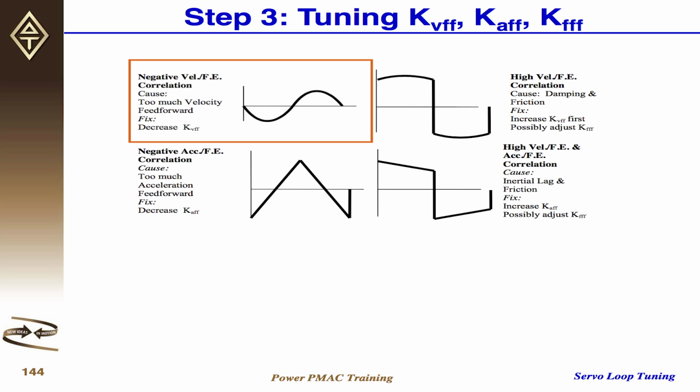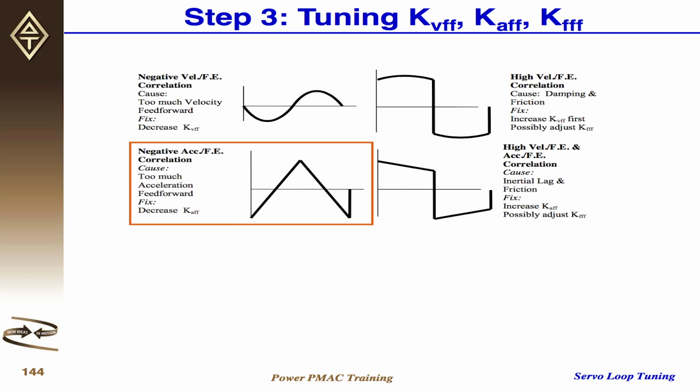You've actually inverted your following error, and you need to decrease your velocity feed forward to bring this peak up, this peak down. If you see this case where you have an upward pointing triangle, you've added too much kAFF, and you need to decrease it to bring the tip of this triangle closer to 0, and these two tips up to 0 also.